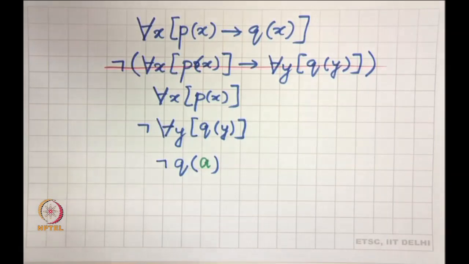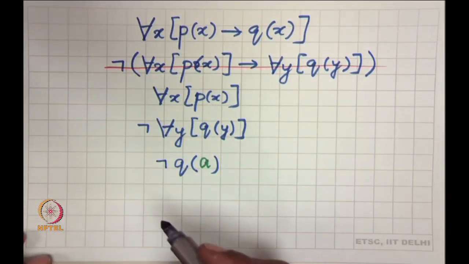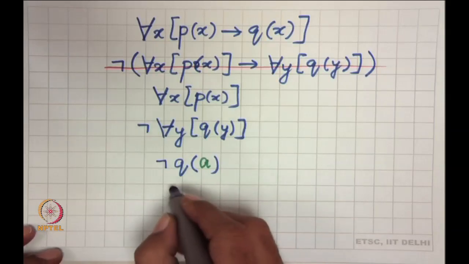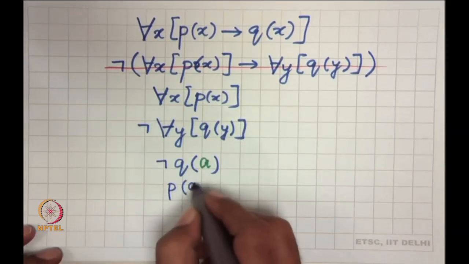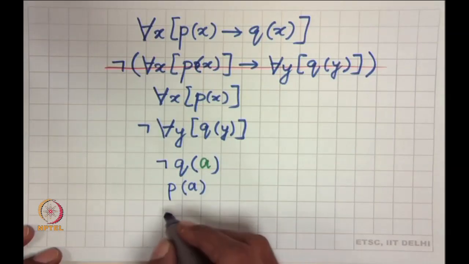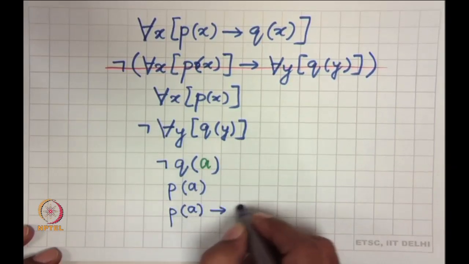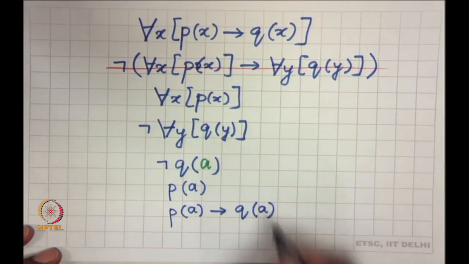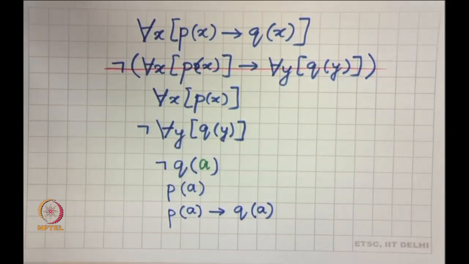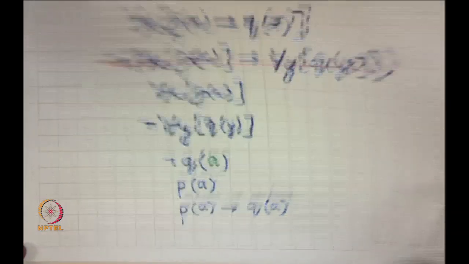And so essentially what you are going to do is you are going to get P of A here as one instantiation, and then you are going to get P of A arrow Q of A, right? And then you are going to go through this.